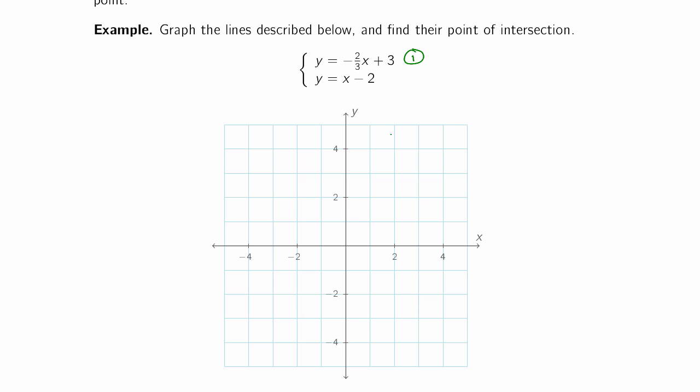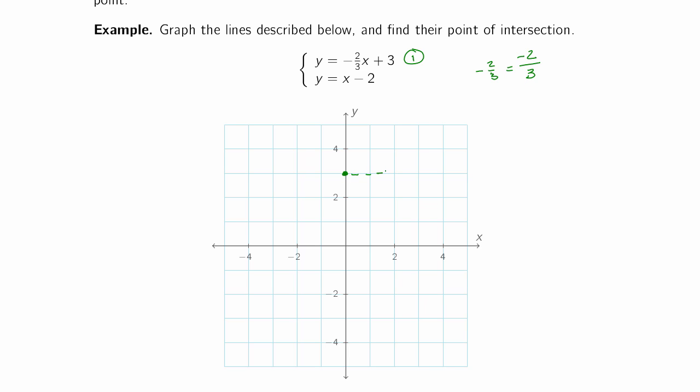So here's equation 1. It's in slope-intercept form, so we're going to use the slope and the y-intercept to graph it. The y-intercept is at 3, and then the slope is negative 2/3. So negative 2/3, I'm going to think of as negative 2 in the numerator, 3 in the denominator.